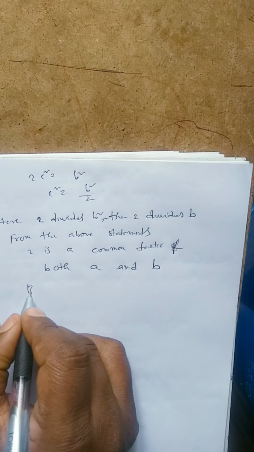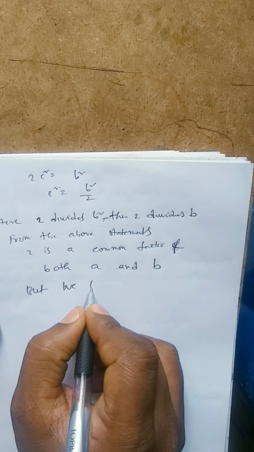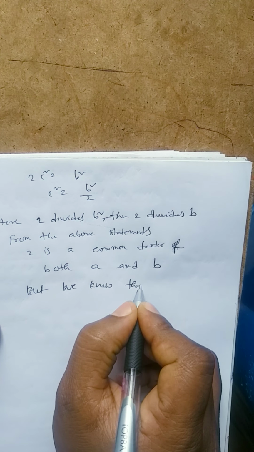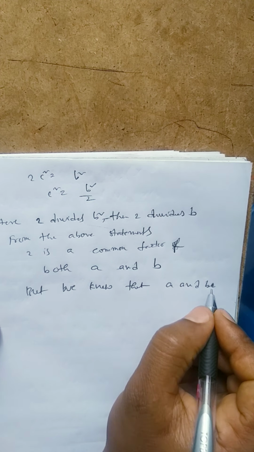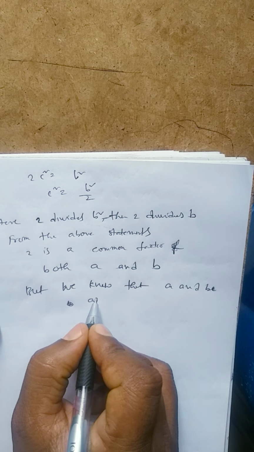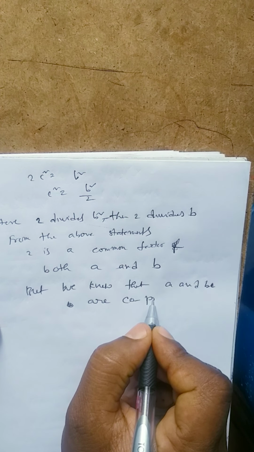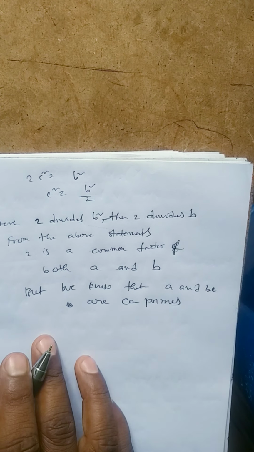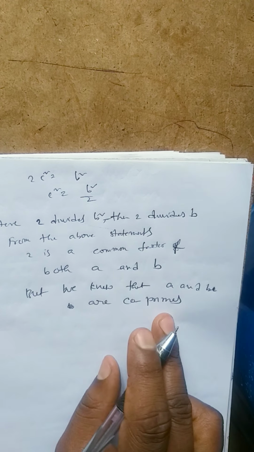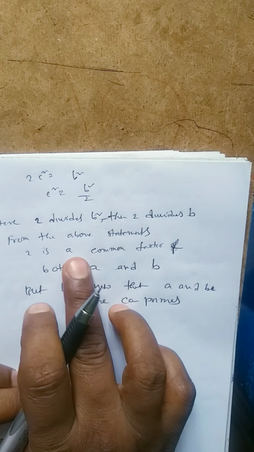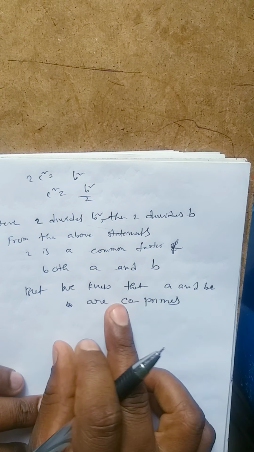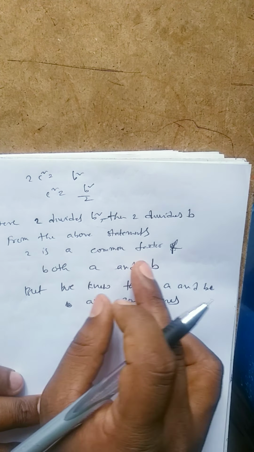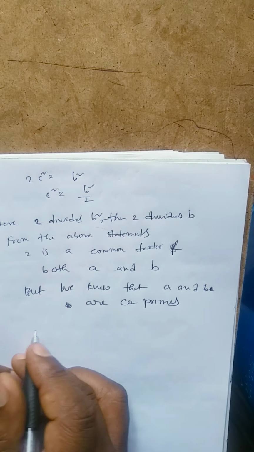But we know that a and b are co-primes. And we have got 2 as a common factor of a and b. So this is a contradiction.